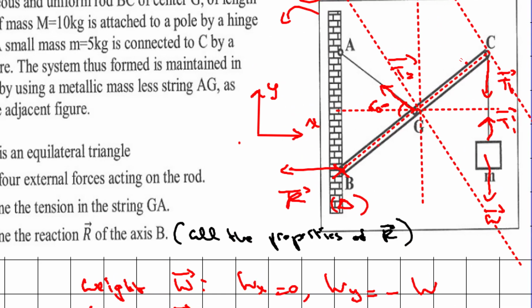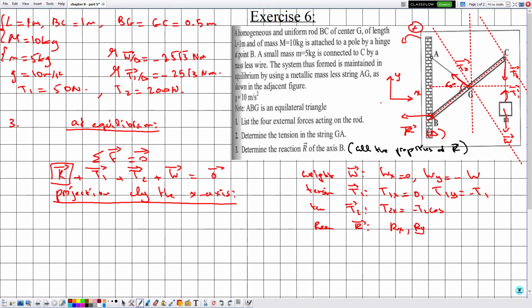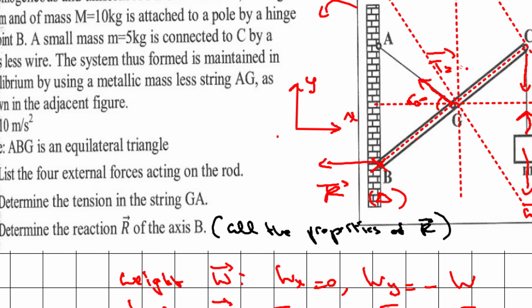Now here, if this is 60 and this is 90, because this is the horizontal and this is the vertical, they are perpendicular, then this angle here will be 30 degrees.